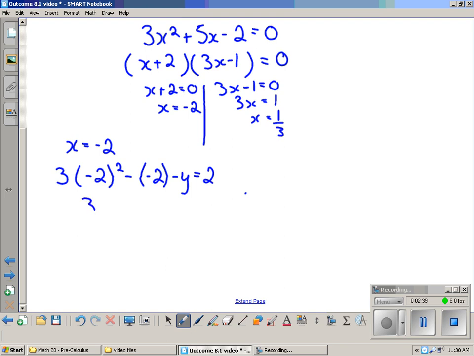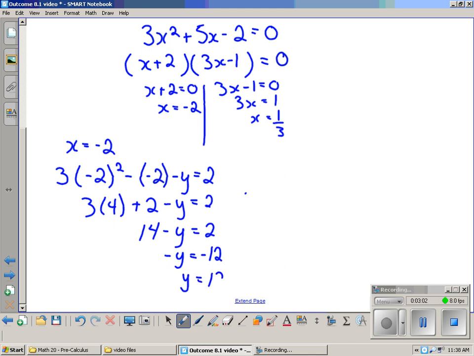So I end up with 3 times 4 plus 2 minus y equals 2. 3 times 4 is 12 plus 2 is 14 minus y equals 2. Subtract 14 from both sides and I get negative y equals negative 12 or y equals positive 12. So this gives me the solution of negative 2, positive 12.